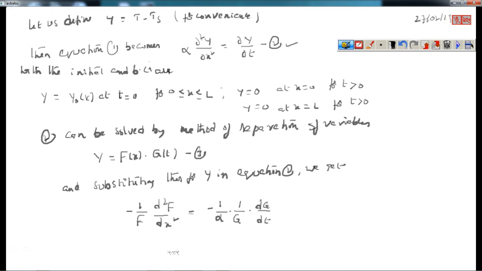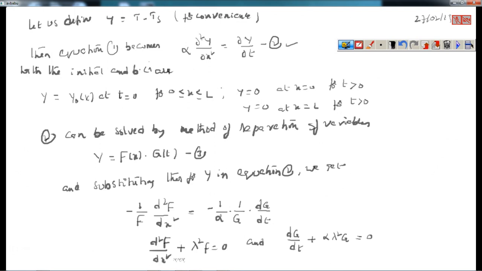Then the equations become d square f by dx square plus lambda square f is equal to 0, and dg by dt plus alpha lambda square g is equal to 0. The minus signs get cancelled.